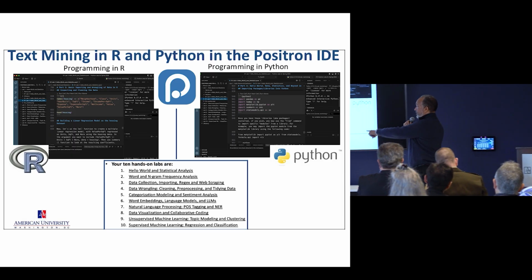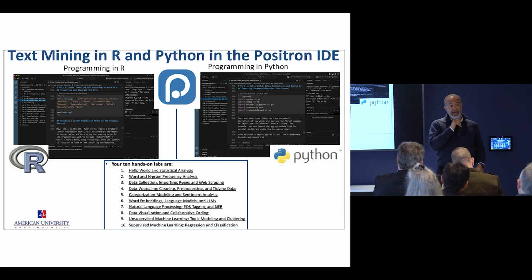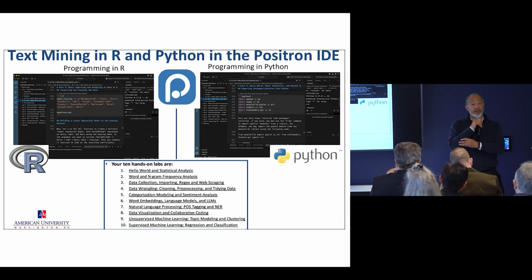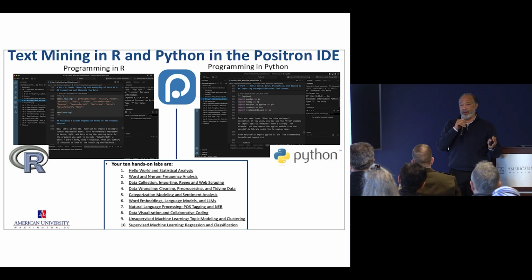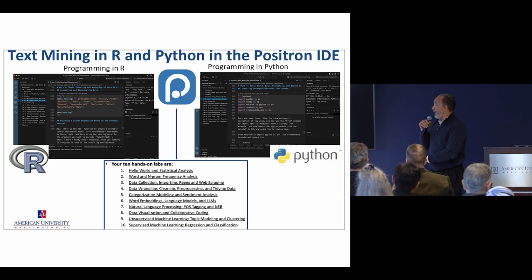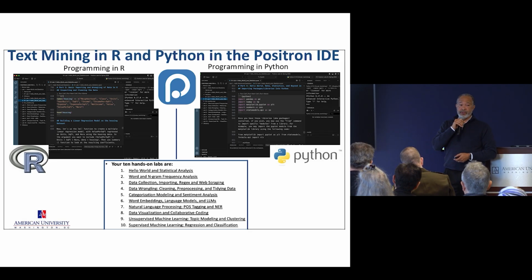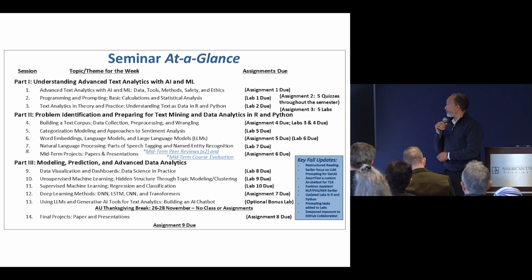Partially how we do that is through 10 hands-on labs that get progressively more difficult. It starts with very easy hello world type labs, and then moves to more advanced labs, all the way up to unsupervised and supervised machine learning labs.